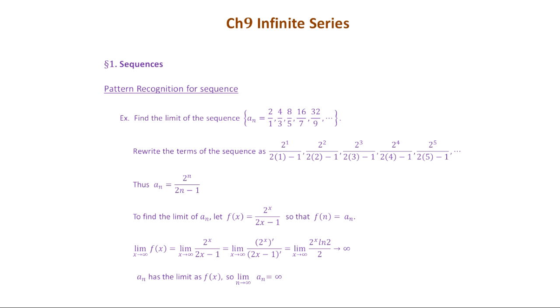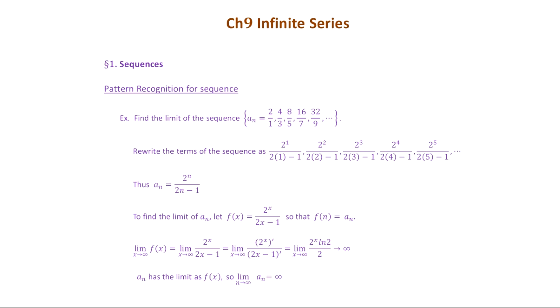Then we can use the technique to find the limit of a function. The limit of the function f as x approaches infinity is 2 to the x over 2x minus 1. We can use L'Hopital's rule, if you remember that, when both the top and the bottom get large. When x approaches infinity, 2 to the x approaches infinity, and 2x minus 1 also approaches infinity. So we take the derivative of the top and the bottom.